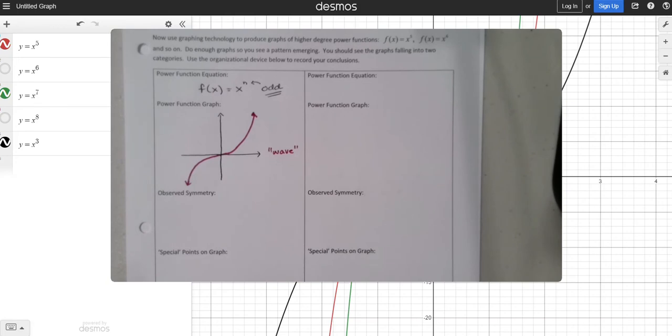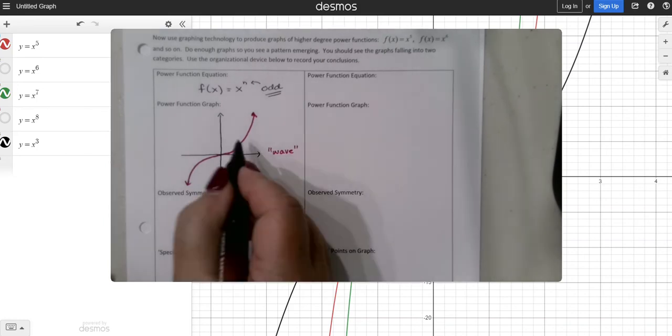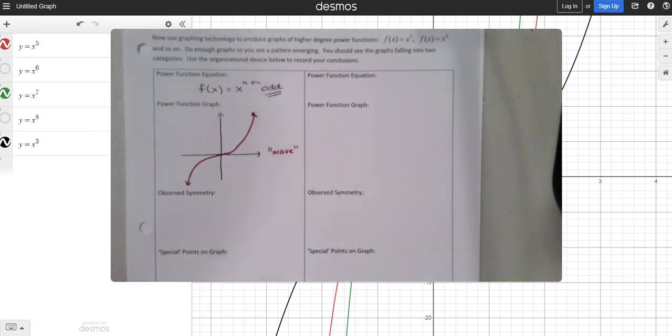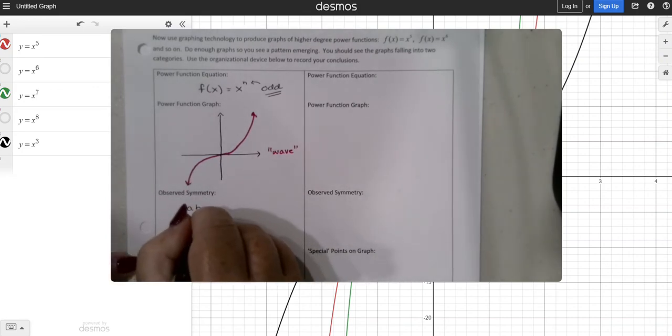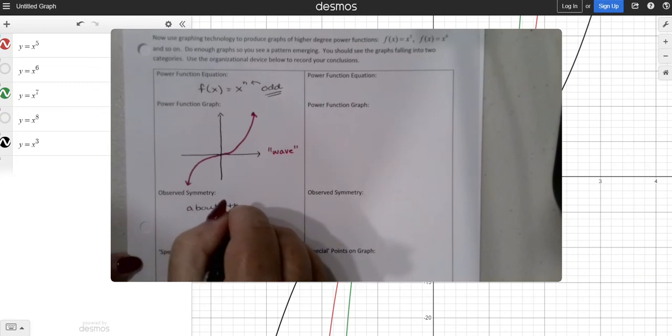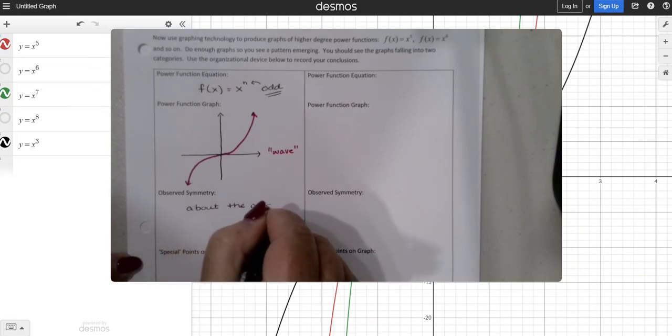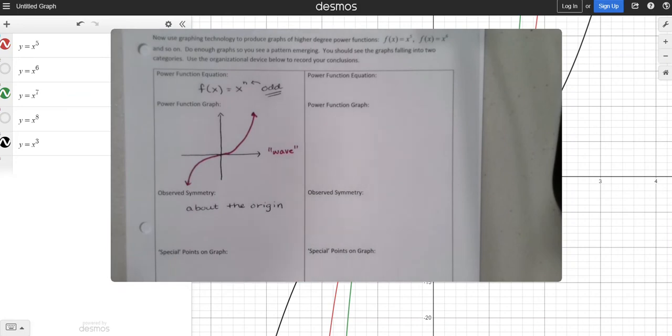All right, observed symmetry. This graph has a different kind of symmetry than what we've talked about before, right? We talked about symmetry across the y-axis, and this certainly doesn't have that. But it does have symmetry about the origin. Here's what that means.